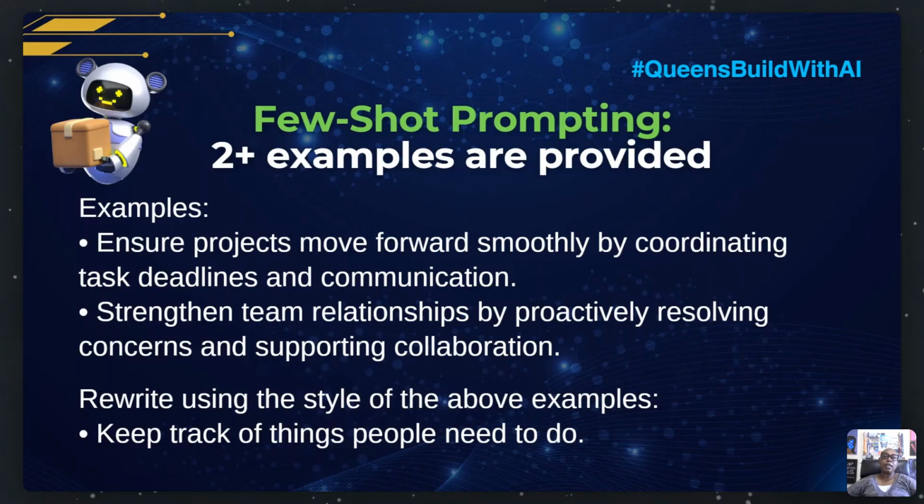But here, the LLM you're using is being trained more by giving it two different examples, the same in tone and everything. That's what makes it different from the one shot prompting.